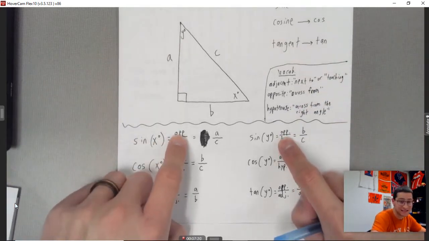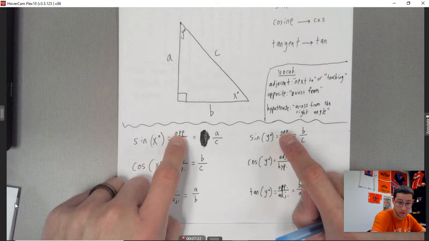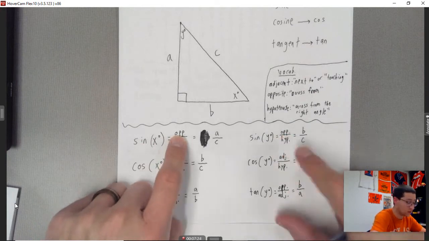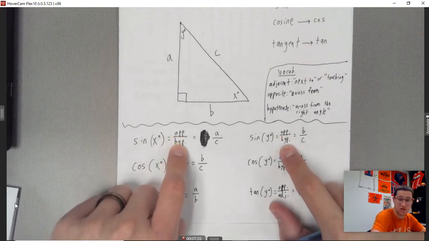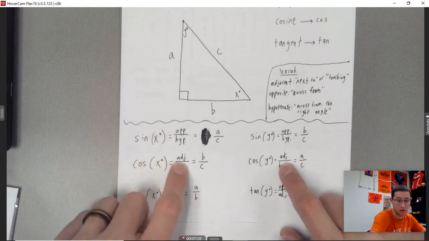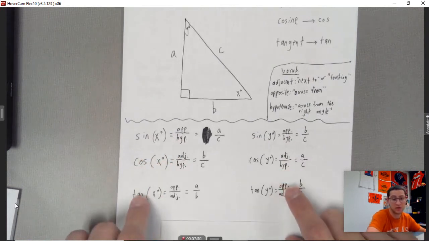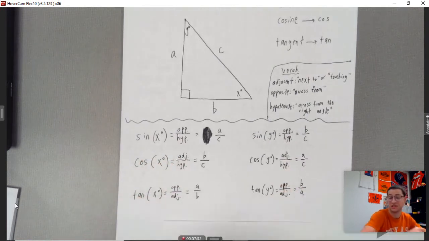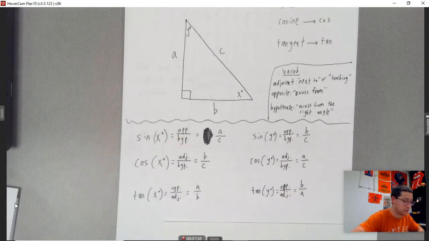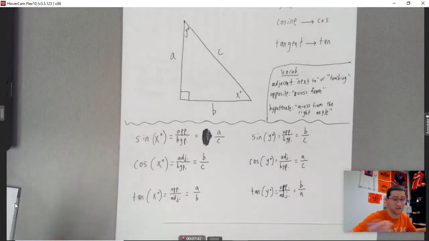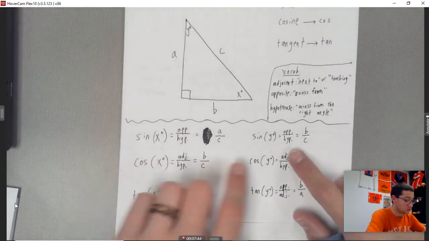Guys, sine, when comparing it to an angle, is the opposite over the hypotenuse. Cosine, adjacent over the hypotenuse. Tangent, opposite over the adjacent. That is the definition of those words. It is comparing the opposite over the hypotenuse, et cetera, and each one is different. So sine of y.